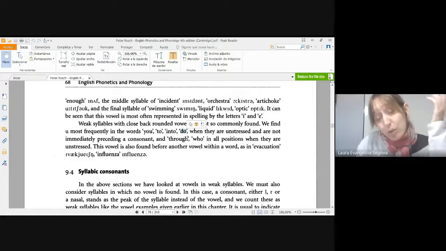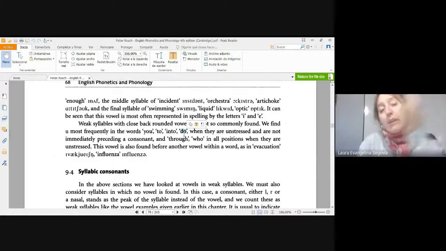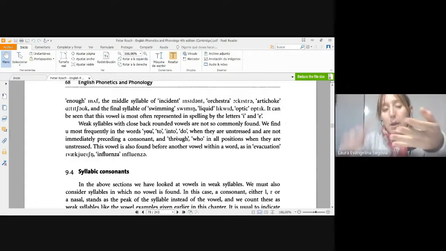Why? Because do, here it's an auxiliary. If I take it as a verb, the pronunciation is with another U. Preposition, personal pronoun. They are function words. Okay? Function words are always weak. Eso también escríbanlo. Function words are always weak. Which are the function words?